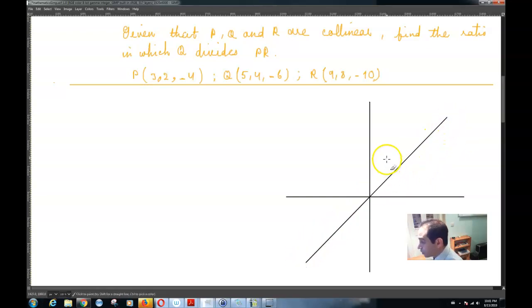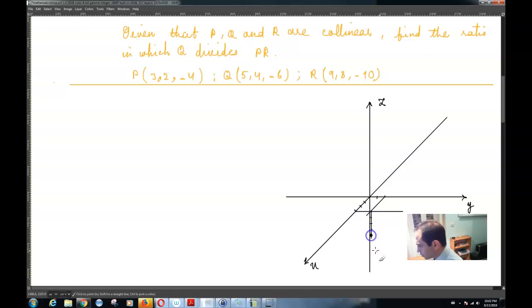If this is your y-axis and this is your x-axis and this is your z-axis, then (3, 2, -4) is basically 1, 2, and 3 along x. 2 would be this point over here, and -4 would be 1, 2, 3, and 4.